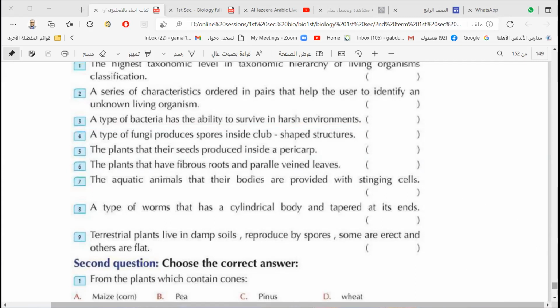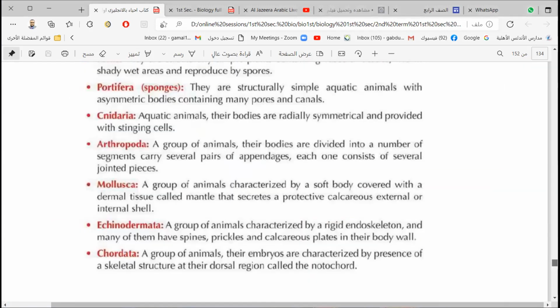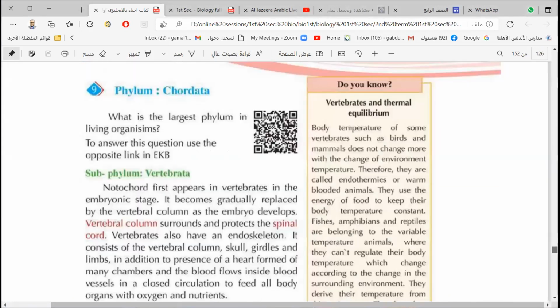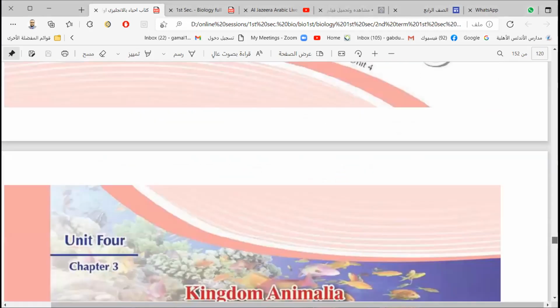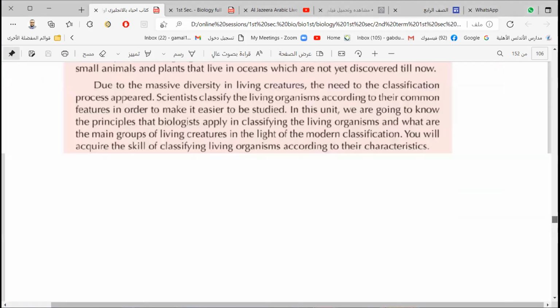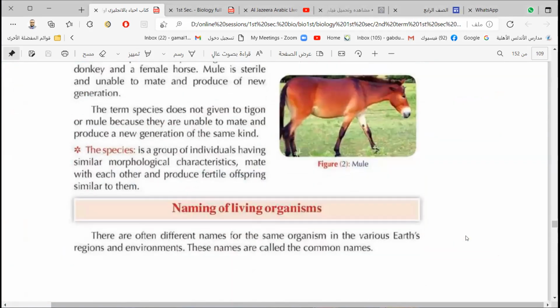Eubacteria. I want to show you the divisions of bacteria. Here we have the divisions of bacteria in Monera kingdom.